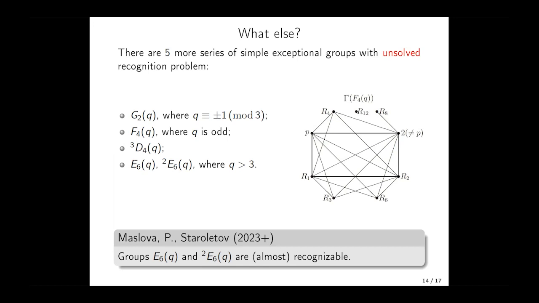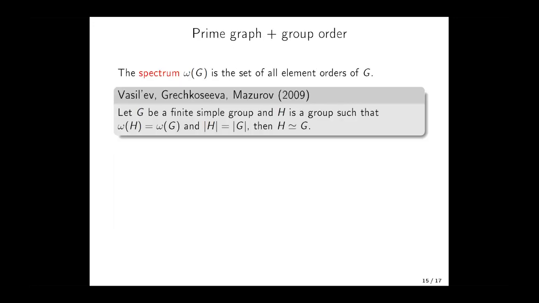And going to the end of the talk, I would like to discuss one more problem concerning Gruenberg-Kegel graphs. First, the definition. The spectrum of a group G is the set of all element orders of the group, and it is also an example of arithmetical parameters. In fact, it contains a lot more information than the Gruenberg-Kegel graph.